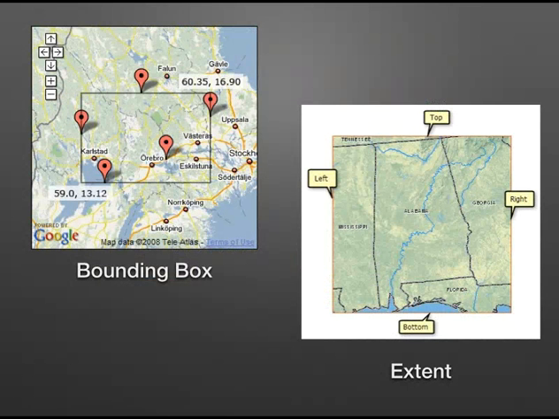Some other concepts and terms we use in mapping: on the left, we have something called a bounding box, or sometimes a minimal bounding box. This is getting a little more into the geography, algorithms and functionality, but essentially a bounding box takes a set of features and finds a box that will contain all of them.